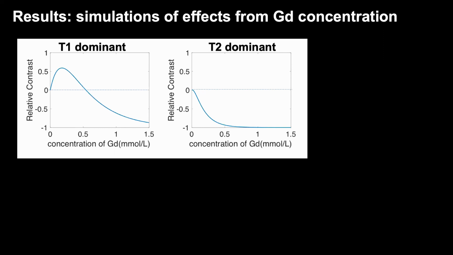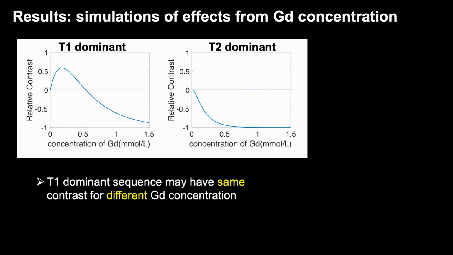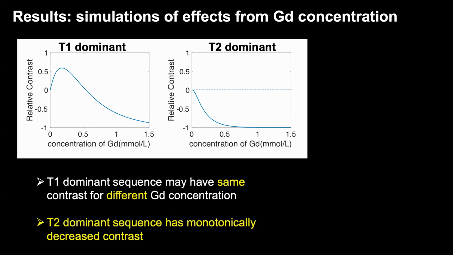We did further simulations of the signal contrast with and without GAD in CSF as a function of GAD concentration. Simulation results show that the T1 dominant sequence may have the same contrast for different GAD concentrations, whereas in the T2 dominant sequence, the absolute CSF contrast increases monotonically with concentration of GAD.